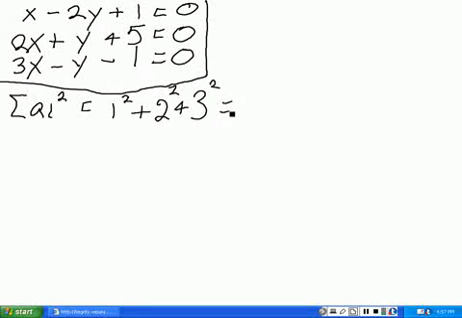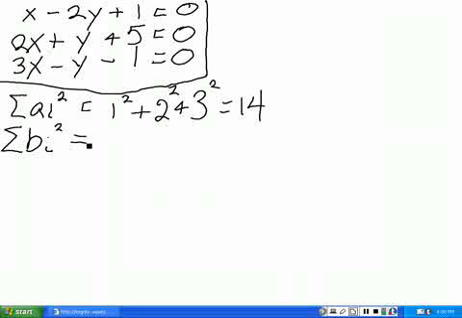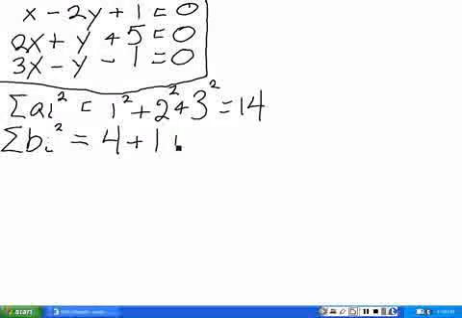So that's going to be 1 plus 4 plus 9, 14. And then for the bi's squared, now I'm looking at the coefficients of y's. So the coefficients of the y's are going to give me 4, that's minus 2 squared, plus 1, that's 1 squared, plus 1. So that gives me 6.